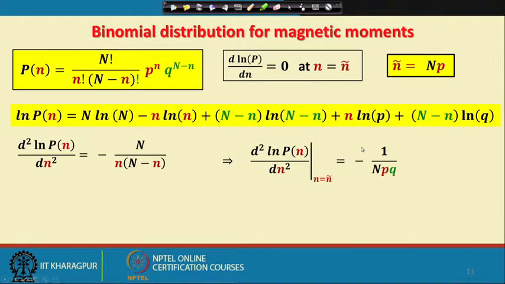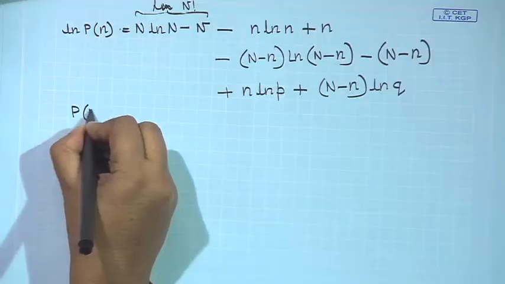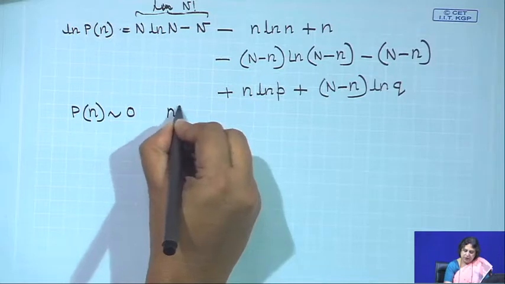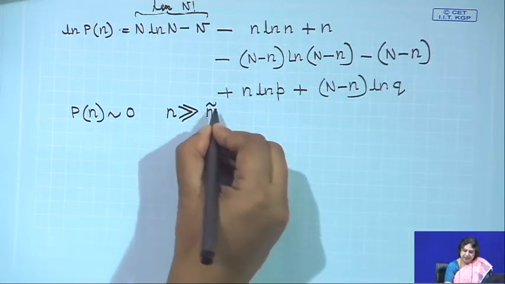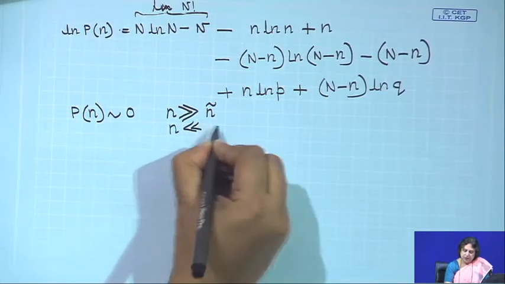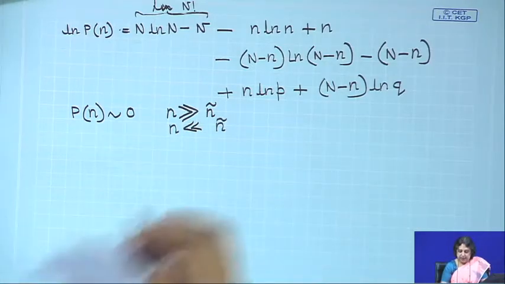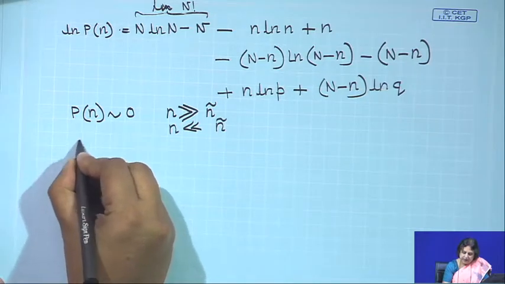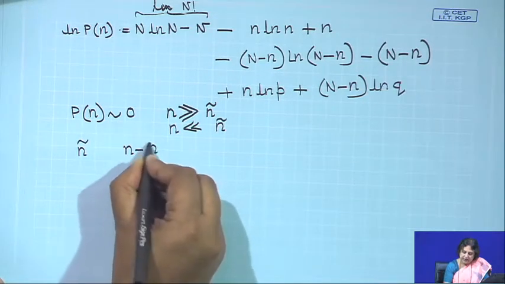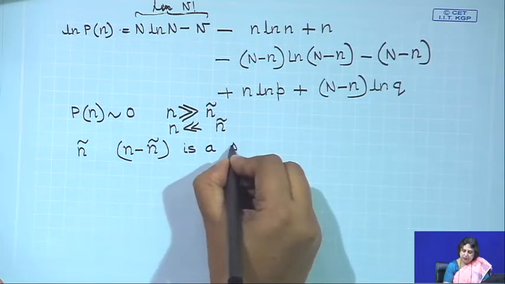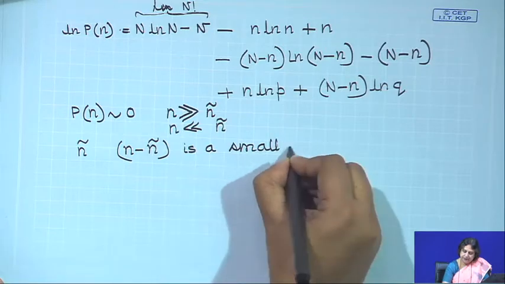But why is it that I am interested in the second derivative? I am doing this because, as I said, P n is roughly about 0 if small n is much greater than n tilde or much less than n tilde, which means that in the vicinity of n tilde, n minus n tilde is a small variation.